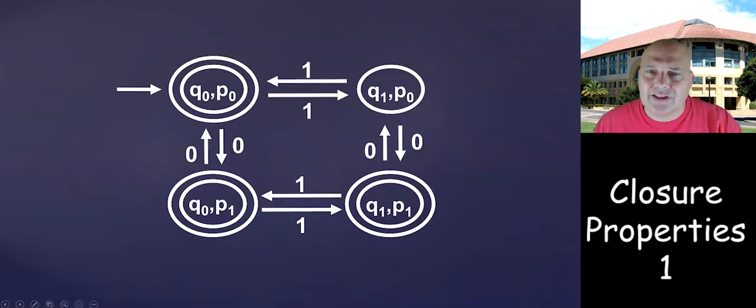So these are the states: Q0 P0, Q0 P1, Q1 P0, Q1 P1. And these are the transitions. And you can verify that indeed each one of the transitions corresponds to running in parallel M1 and M2.